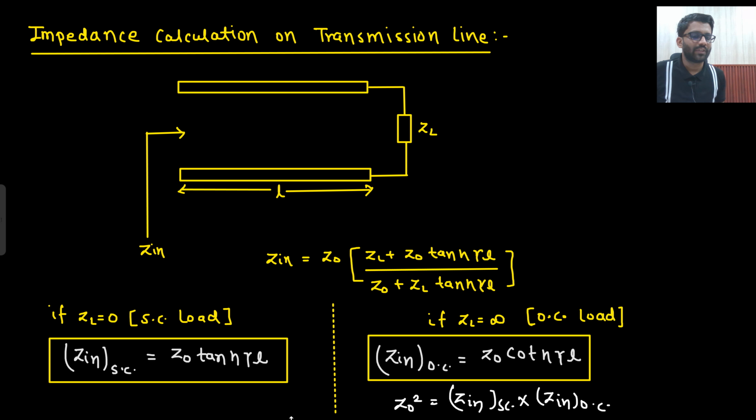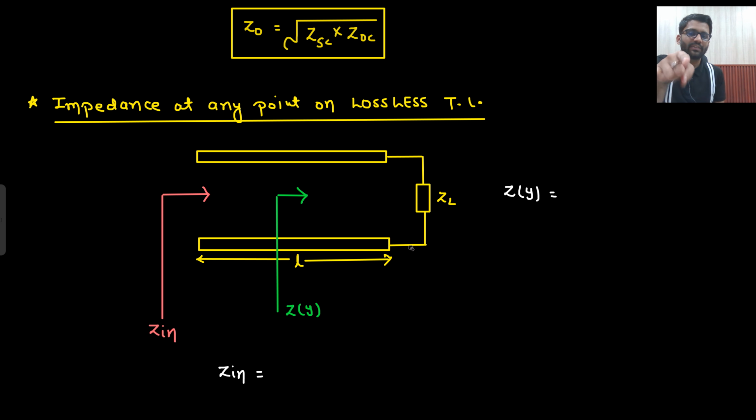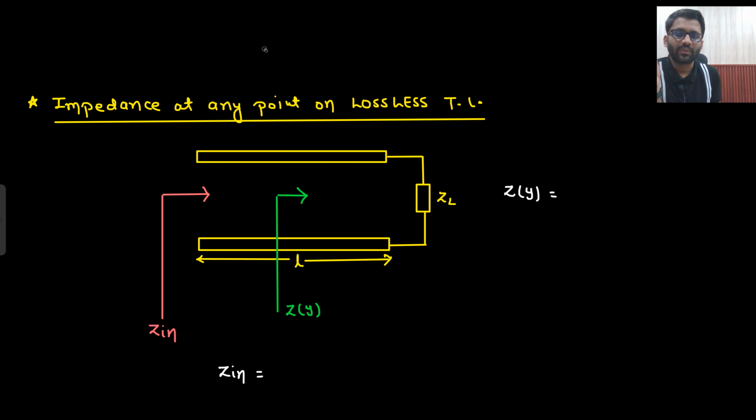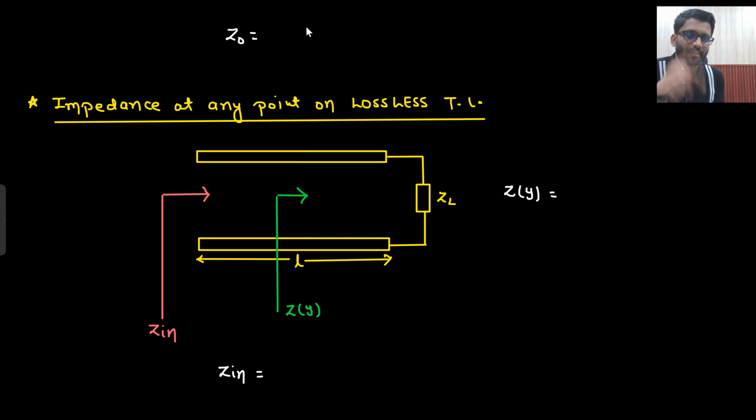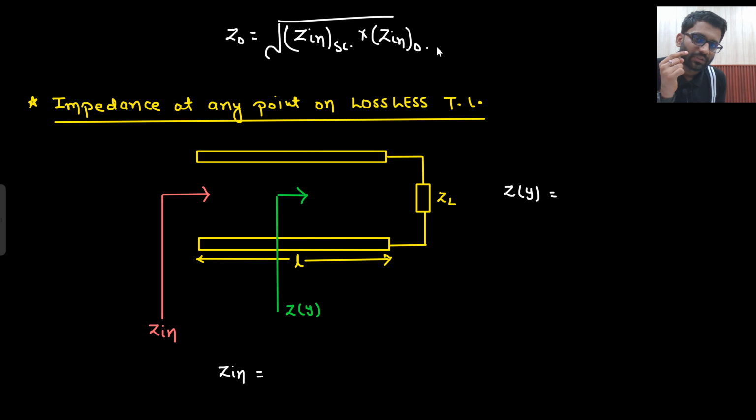So Z0 is the square root of Zin short circuit times Zin open circuit. So your characteristic impedance is equal to the square root of the input impedance when the load is short circuit into the input impedance when the load is open circuit. So this is your Z0.